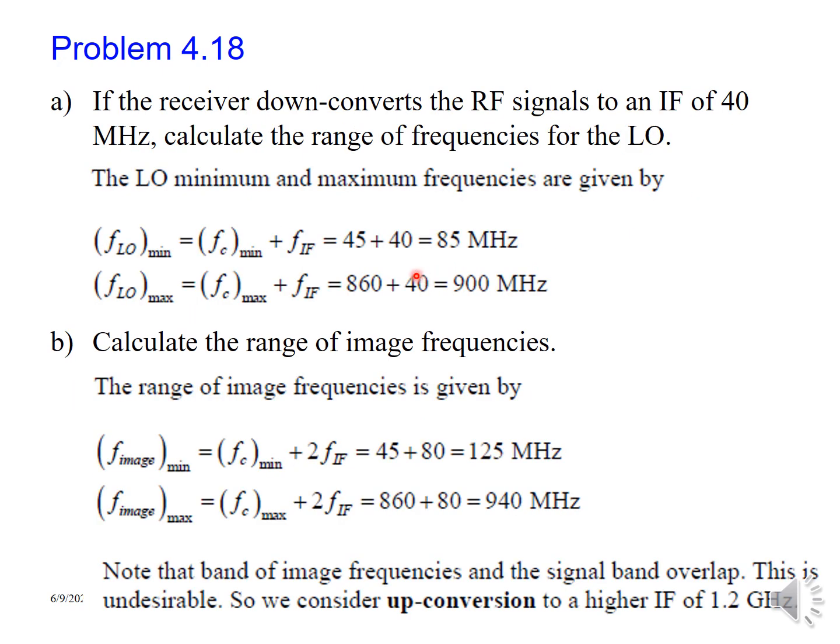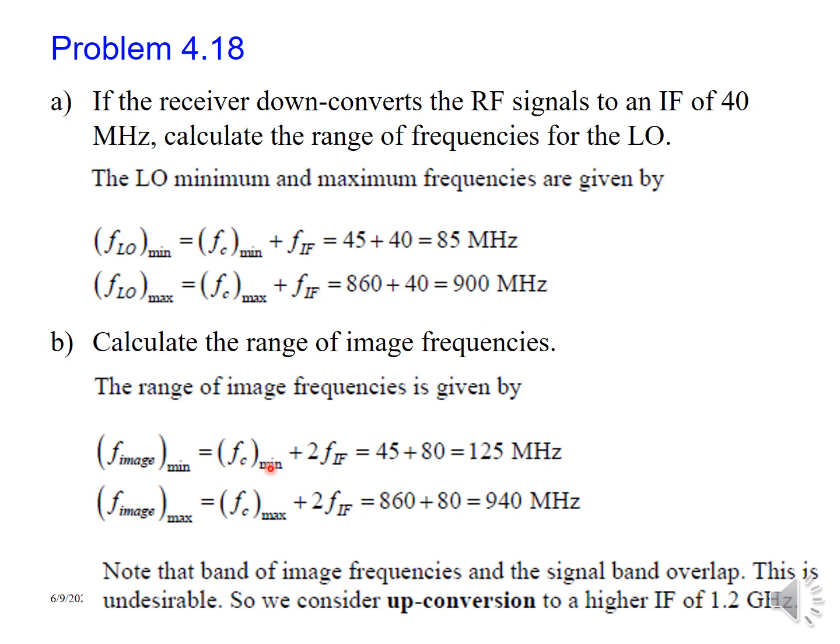Now we want to find the LO values. Since we know the incoming RF signal is 45 megahertz and the desired IF is 40 megahertz, we have to prepare the LO from 85 megahertz until 900 megahertz. For the next question, there will be an image.